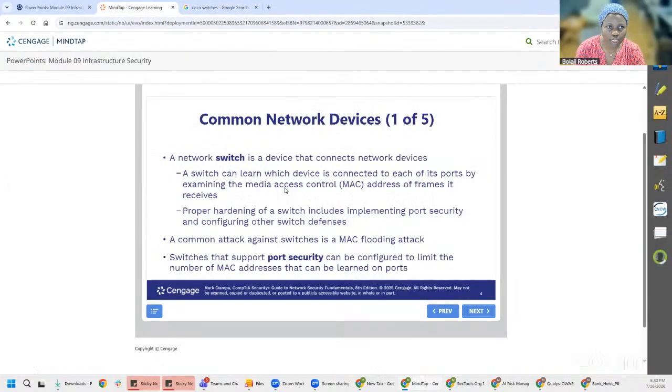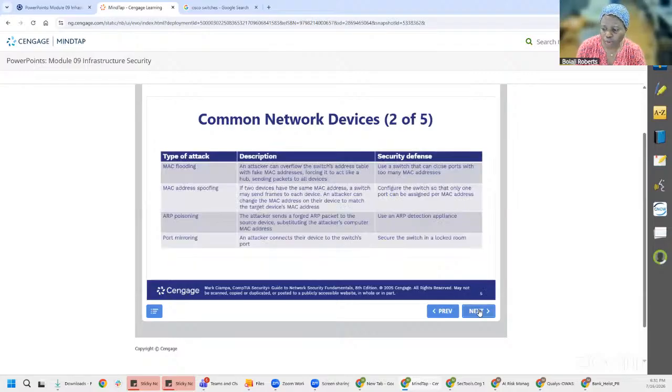It is mapping the MAC address to the switch port, or even limiting the numbers of MAC addresses that a switch port can learn. Say, okay, on this port, it's only one MAC address that is allowed. If you're seeing two MAC addresses, chances are that there could be an attacker, there's a rogue device, maybe a hub that is extending the network, which is not ideal.